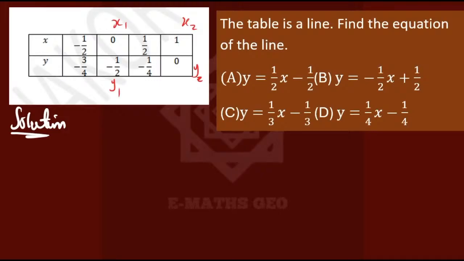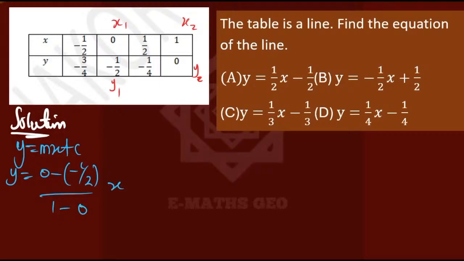Using our formula, y equals mx plus c, the slope is change in y, so we have 0 minus half over 1 minus 0, x plus the y-intercept.